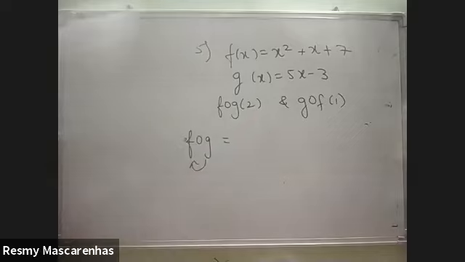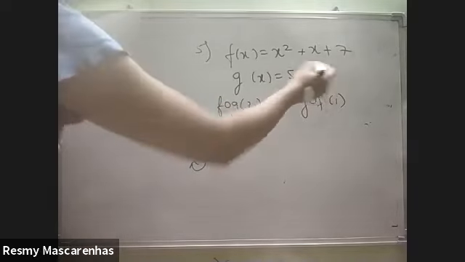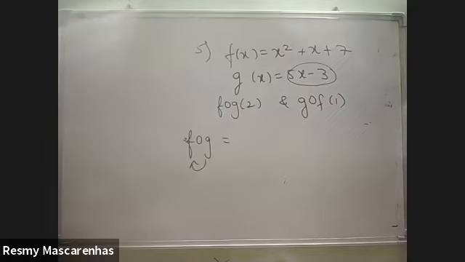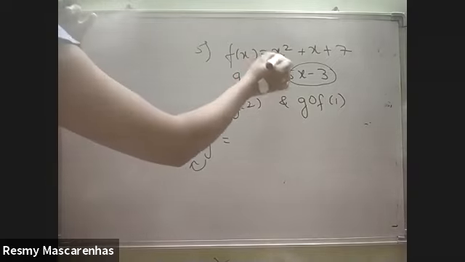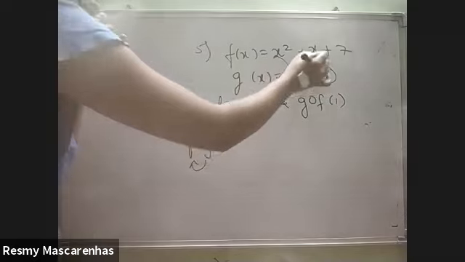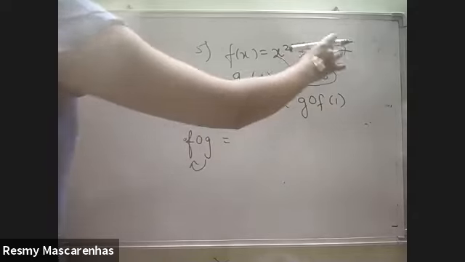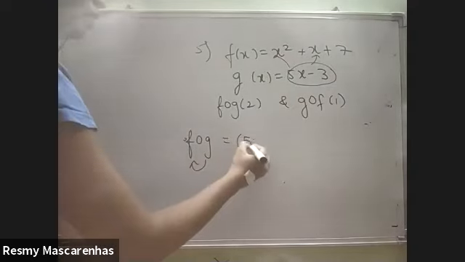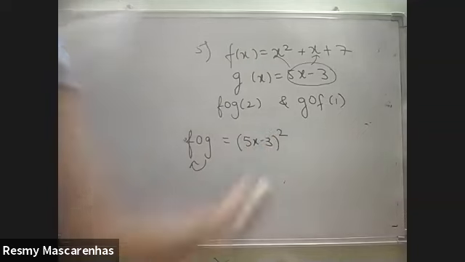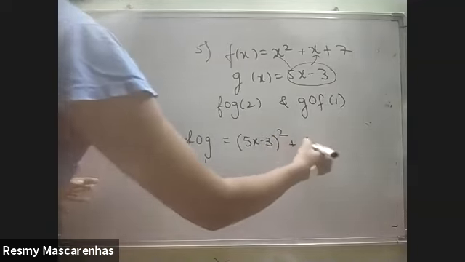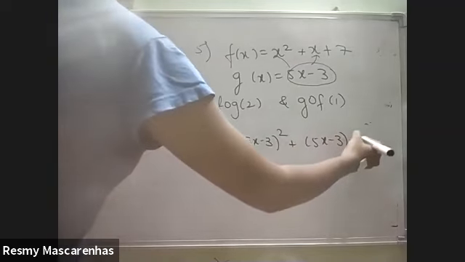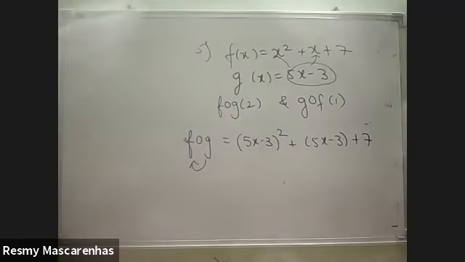Whole G you have to substitute wherever there is x. Here also there is x, here also there is x. So it will be, and then no need to split.